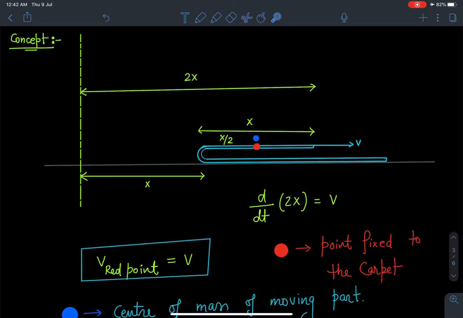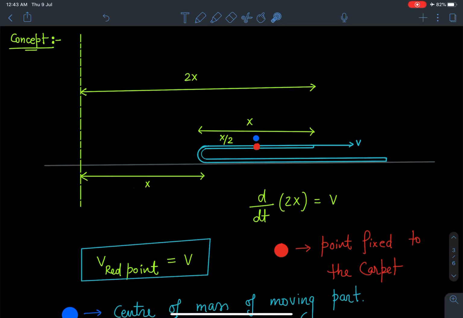So as you can see in this diagram here, at any given time t, this is the situation. At t equal to 0, when this pulling has started, this end was actually present here. So I am choosing this line as a reference line. I'll be measuring all the distances from this reference line.